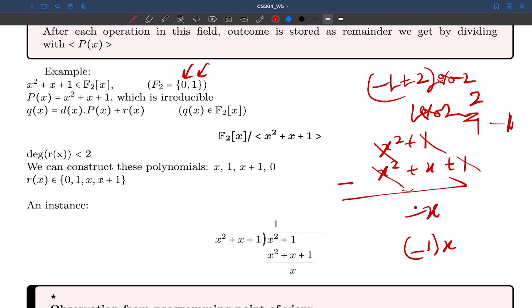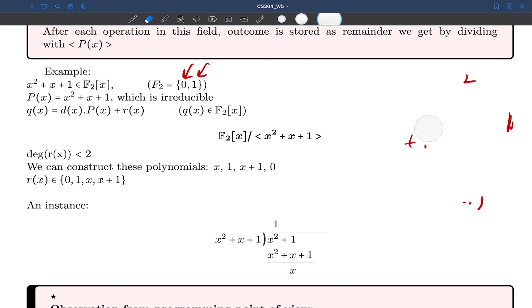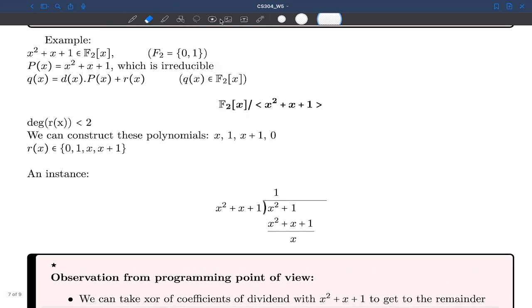So instead of minus x, it will be just x. So the remainder I am getting on dividing x square plus 1 by x square plus x plus 1 is x.